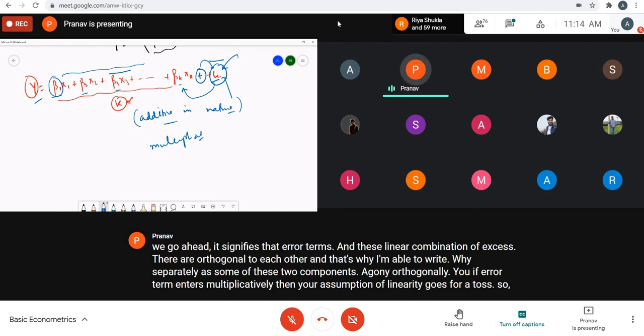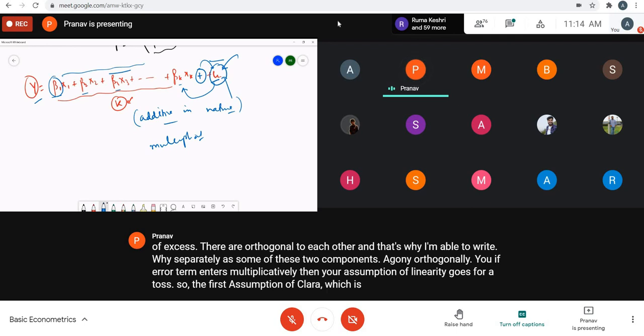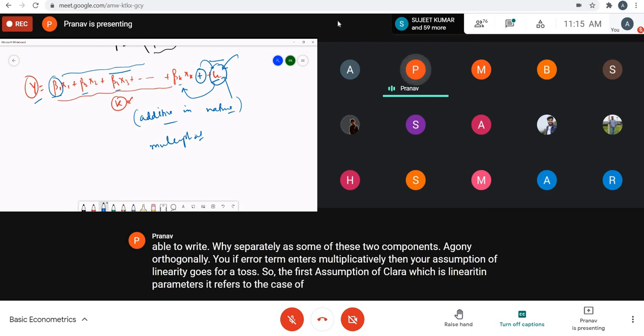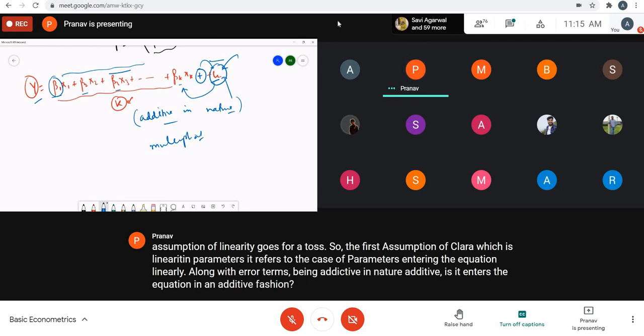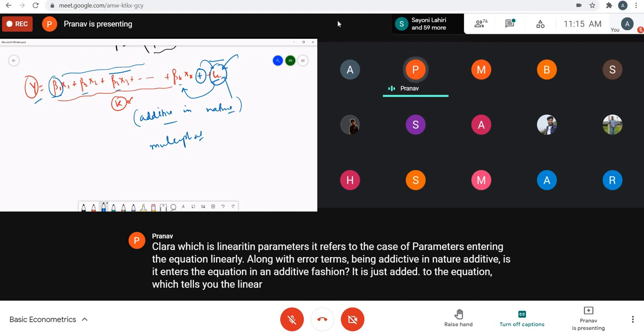So the first assumption of CLRM, which is linearity in parameters, refers to the case of parameters entering the equation linearly along with the error term being additive in nature. Additive means it enters the equation in an additive fashion. It is just added to the equation which gives you the linear combination of x's for y.